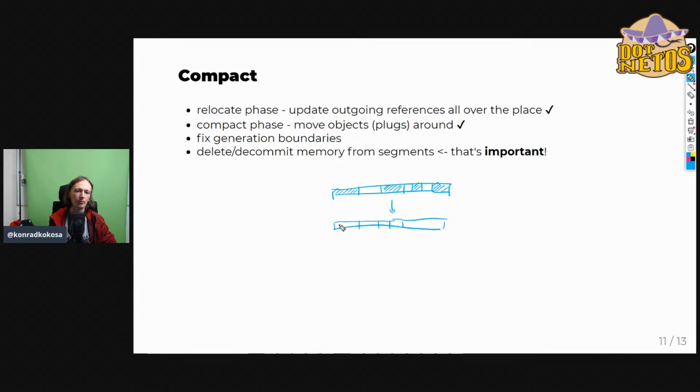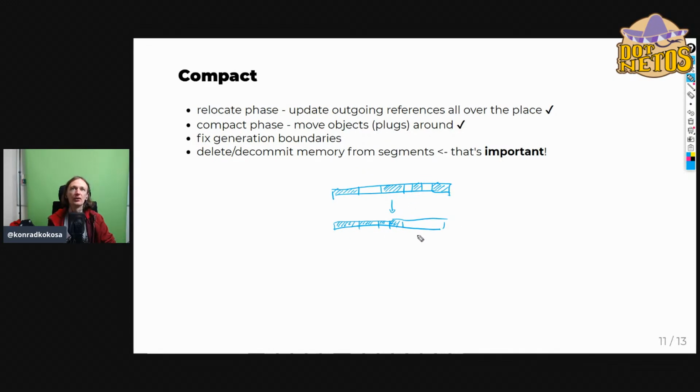So we have compacted our memory and copied our plugs, and now we have this free space at the end, and it is still obviously committed, because we are just moving objects around, and the whole managed heap is untouched.